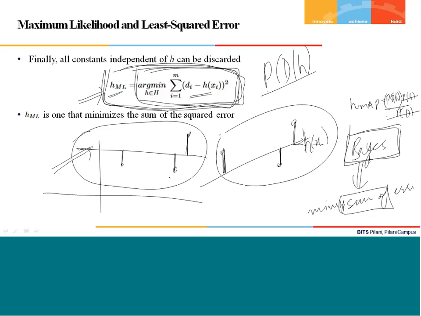You assumed that every D_i is mutually independent. Therefore, you did P(D_i given H) and multiplied because of mutual independence. So this was the expression that you came up with. Now you are maximizing the expression. You put in this probability P(D_i given H).